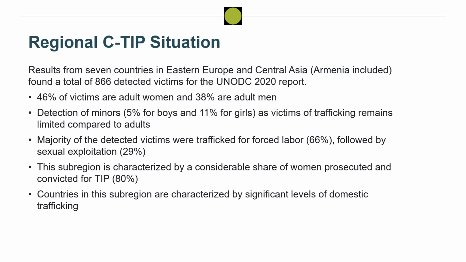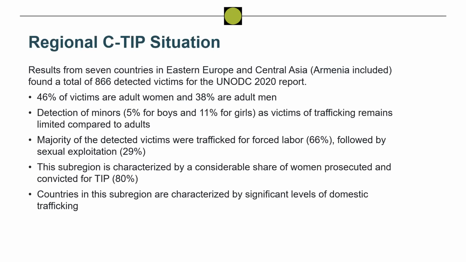And as per this, the national authorities that provided data on sex and age, as at the year 2018, only 7 countries in Eastern Europe were able to provide national data with those parameters. And from that data, where Armenia was one of them, about 46% of the victims were adult women and 38% were adult men.